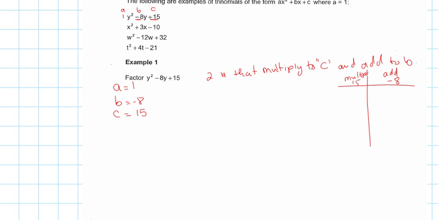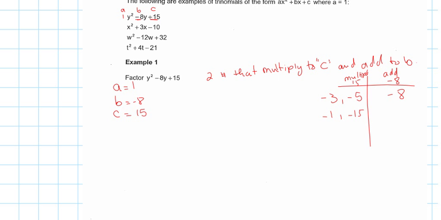Now give me things that multiply to 15. What multiplies to 15? 3 and 5. So we said that both of them have to be negative. So negative 3 and negative 5, and negative 1 and negative 15. Right? So what does negative 3 and negative 5 add to? Negative 8. How about negative 1 and negative 15?